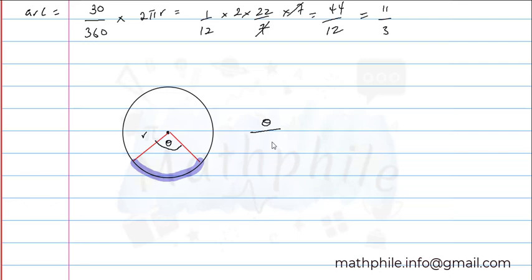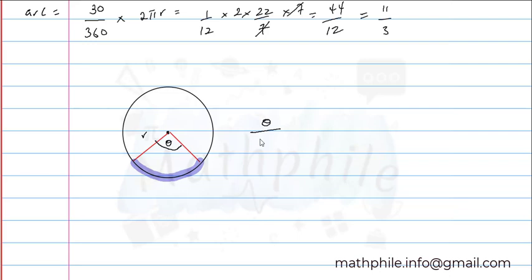You see, previously it was 80 over 360 times 2 pi r, right? Now we are dealing with radians. What is 360 degrees in terms of radians? Try again.